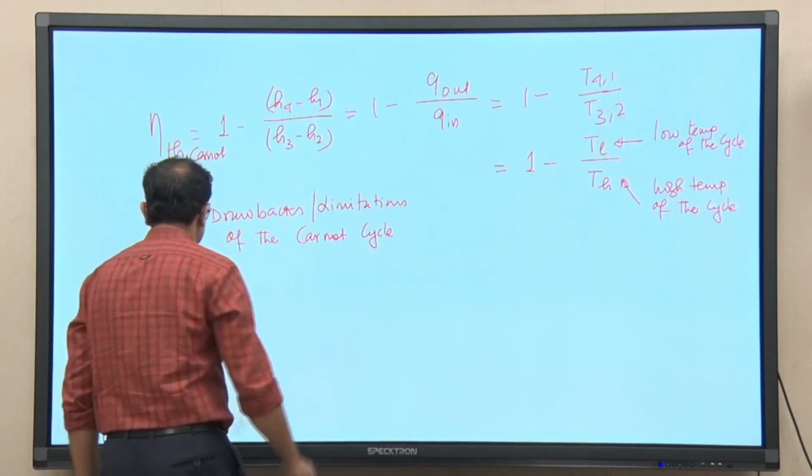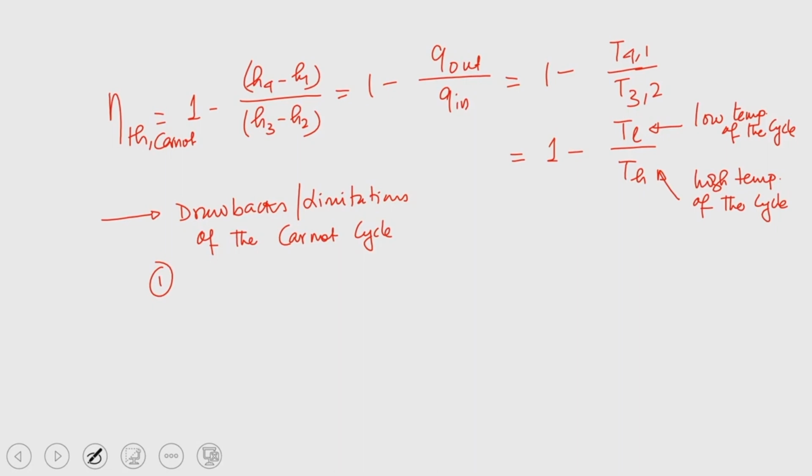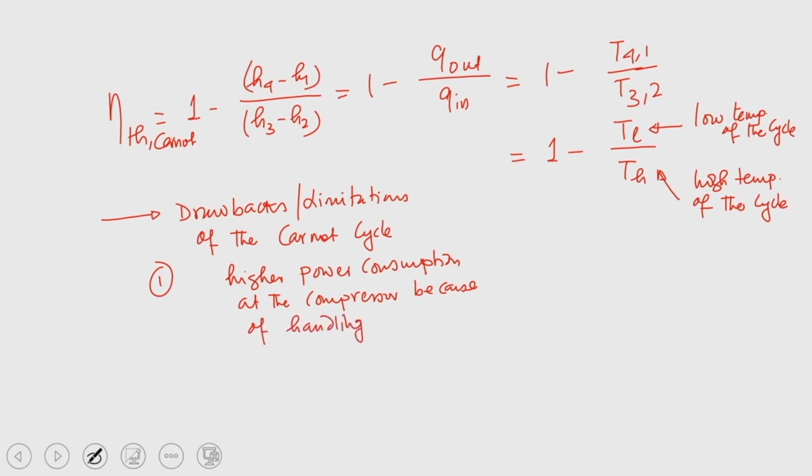So this is number 1. Higher power consumption at the compressor because of handling two phase mixture.